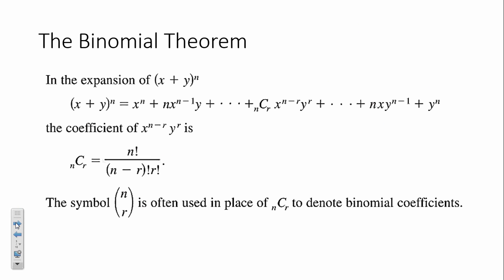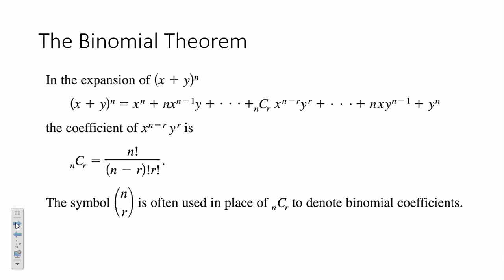So the binomial theorem says that if you're expanding a binomial, then you can use a formula. Okay? That formula says take a combination, nCr, to get your coefficients.